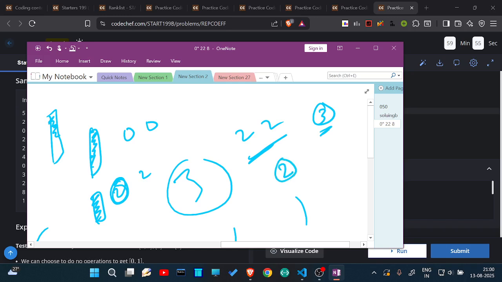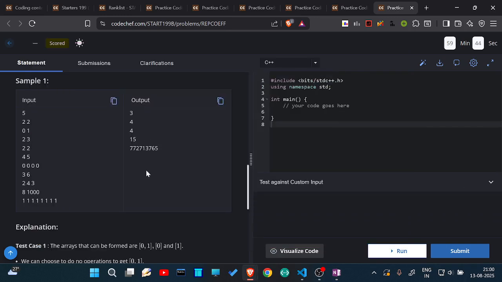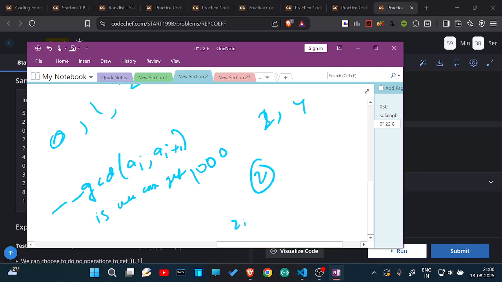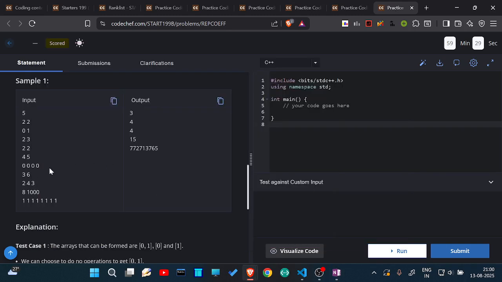We can get a GCD of 2. So 2 can get 0 2. So you can get 0 2 2 2. So the answer is 3. So it's 2 2. This is one array, one array. So 2 2 is one of the arrays. 3.